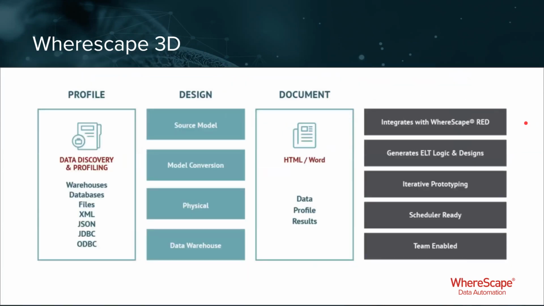If we look at WhereScape 3D, it supports a handful of design for analytic environments. Basically, it has data discovery, profiling, and common things when you're looking at your data sources. You can see here, we support a variety of data sources.